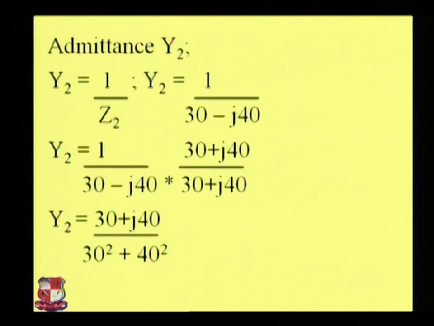The admittance of the second impedance, y2, again using the equation 1 by z2, so y2 equals 1 by 30 plus j40. The opposite nature of that is 30 minus j40. Multiplying and dividing, y2 equals 30 minus j40 upon 30 square plus 40 square.